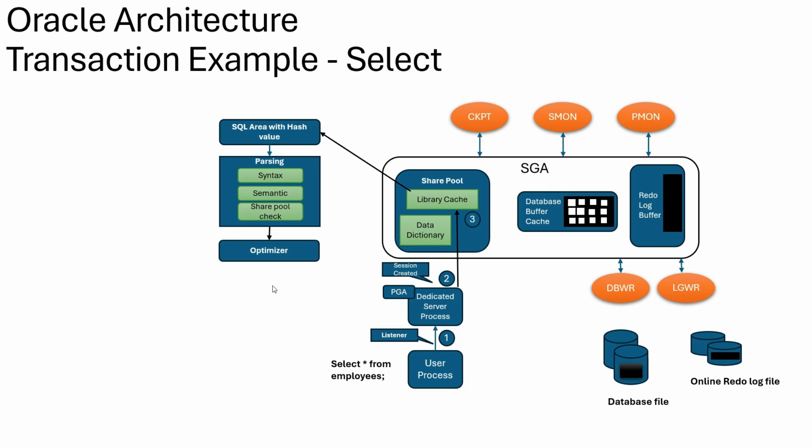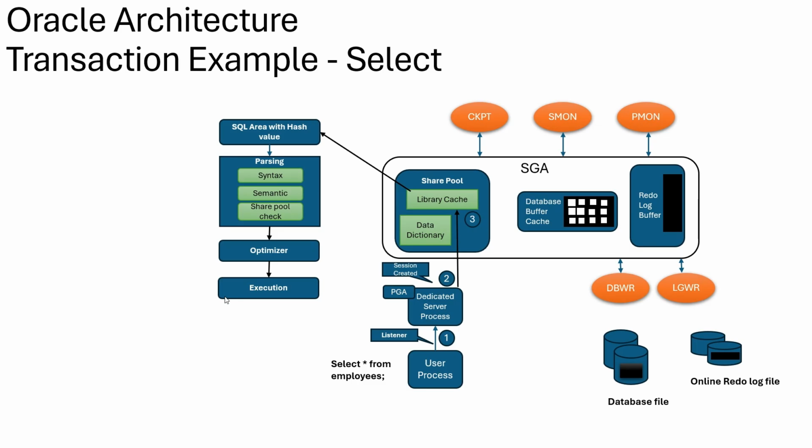Okay. So the optimizer will create the execution plan. Then the next step is execution. Who will execute? The server process will execute the best possible execution plan.